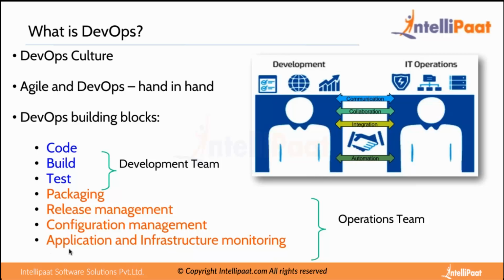Another building block of DevOps is application and infrastructure monitoring. After the code is deployed, you have to monitor whether the server is running properly or not, if everything is up all the time. Like you might have seen google.com, almost always whenever you open it, you can see the site, it's never down. So how is that possible? That means they are monitoring it continuously.